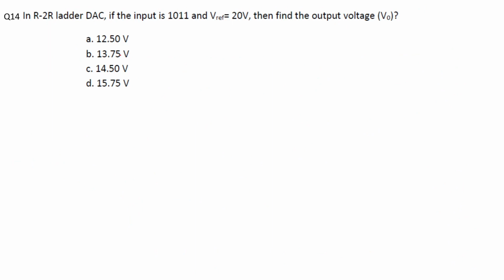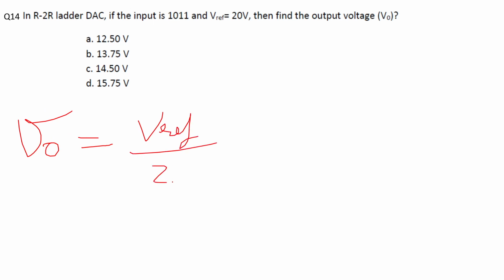Now we have another question. In an R2R ladder DAC, if the input is 1011 and Vref is 20 volts, then find the output voltage. So in R2R ladder, you have this expression: V output is equal to Vref by 2 raised to power n, times V in, where V in is the decimal equivalent of the input value.